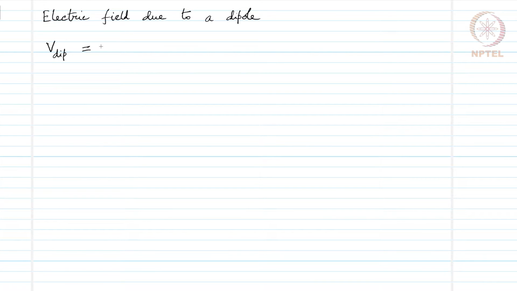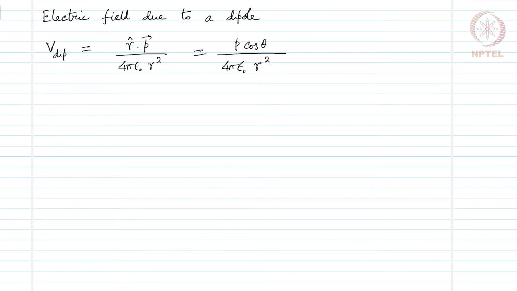The expression for potential is r cap dot the dipole moment p vector over 4 pi epsilon naught r squared, and r cap dot p vector can be written as p cosine of theta over 4 pi epsilon naught r squared.